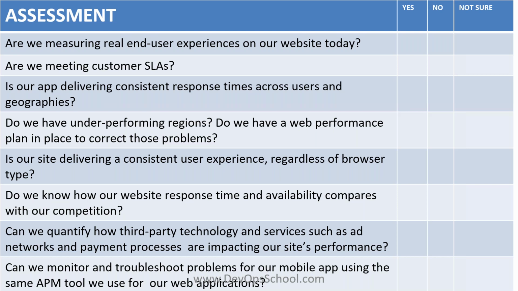What is the response time? Are you also measuring your competitor? Overall, are you measuring the experience of the user on your website? If you are doing yes, then you already have APM in place. If you are doing no or not sure, then I think this session would be helpful for you.